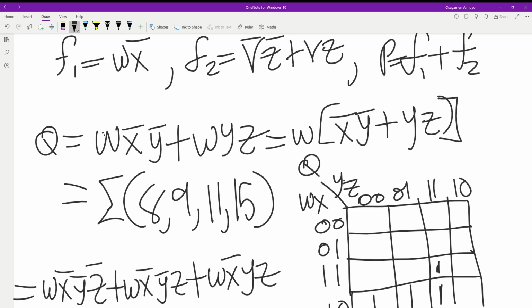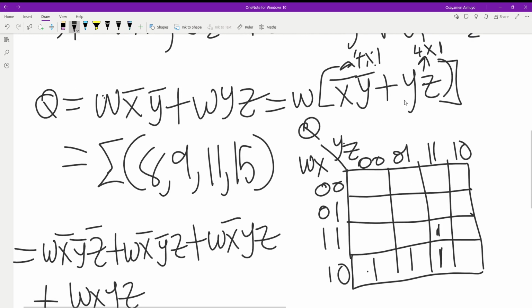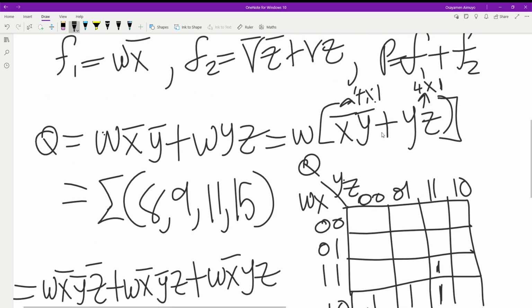So at best, for the term inside, you're going to have to use a 4x1 ROM here, and a 4x1 ROM there. And then you would also have to use another 4x1 ROM to get the OR.